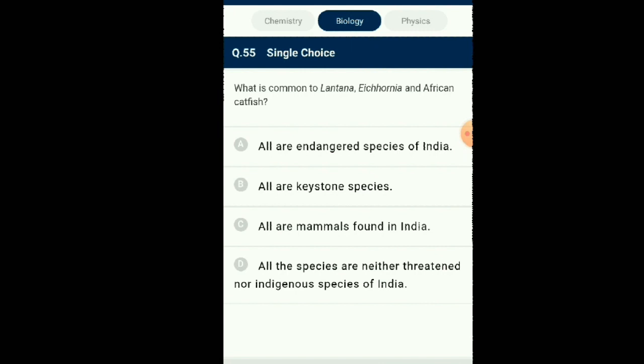All are exotic species which are invasive in nature. Alien or exotic or non-native species are new species entering a geographical region. So the answer for this question is option D. All these species are neither threatened nor indigenous species of India.